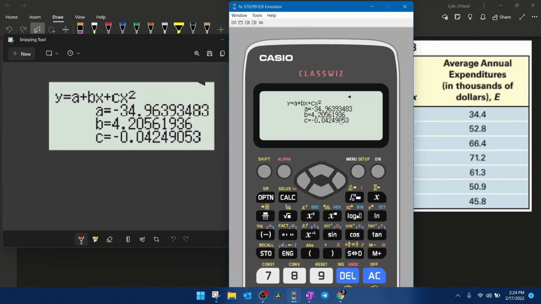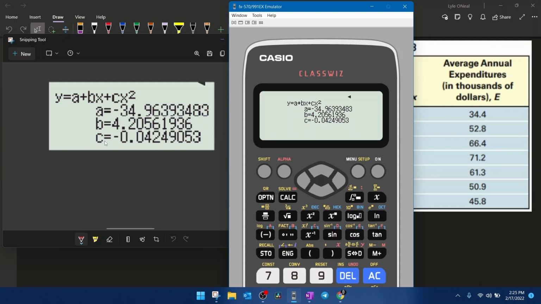I realized that that screen was way too small to probably read in the video. So what I did is I took a screenshot and blew that up, hopefully big enough for you to see. I do want to point out that the way this calculator is displaying our quadratic function, A is the constant, B is the coefficient of x like normally it would be, and C is the coefficient of x squared.